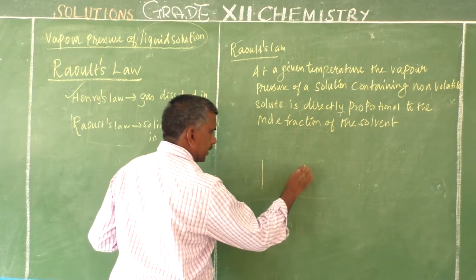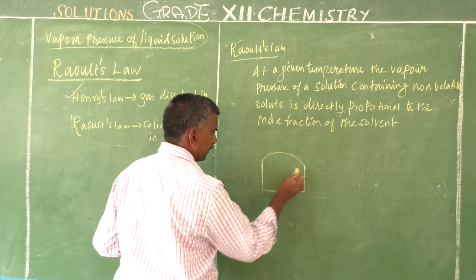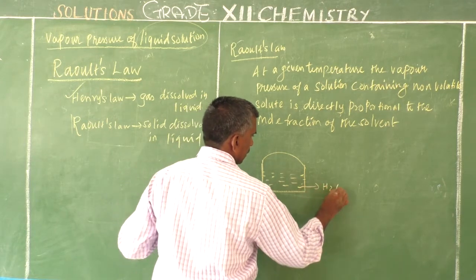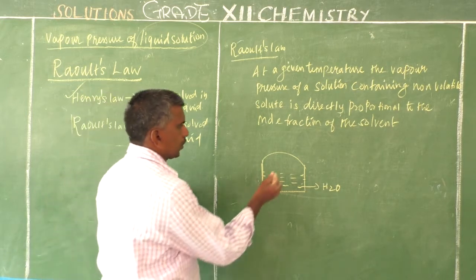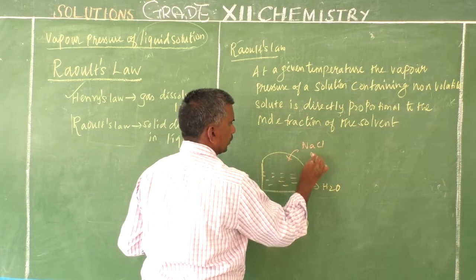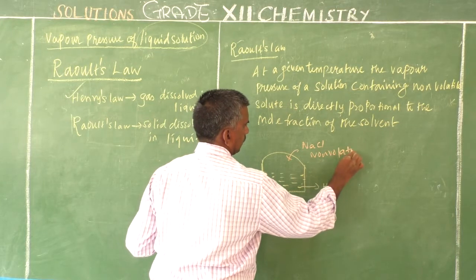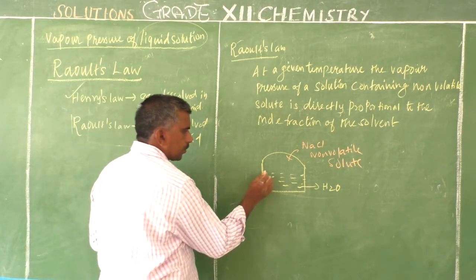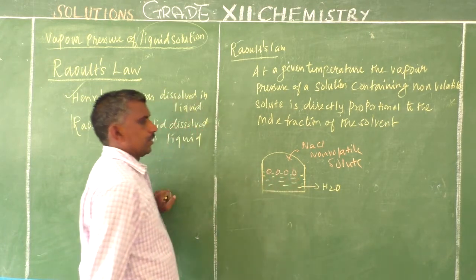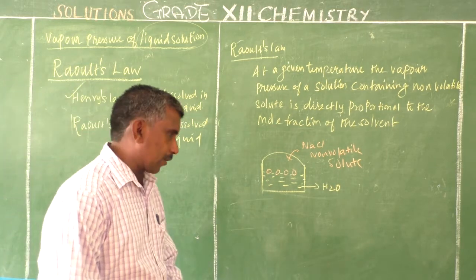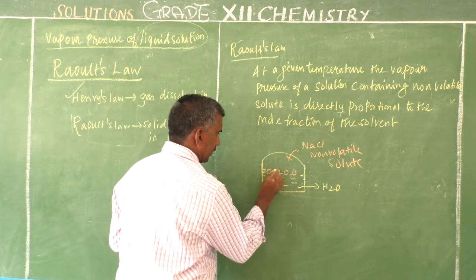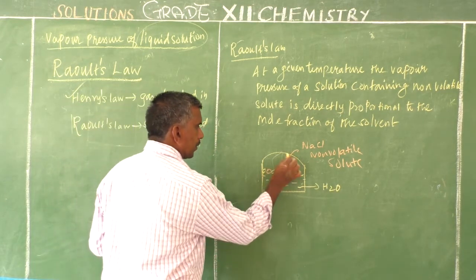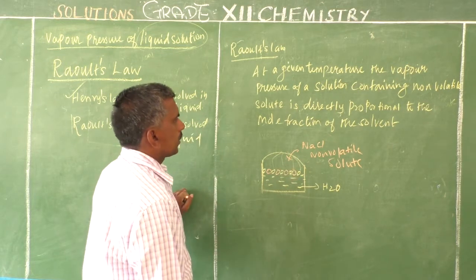Very simple. You take a beaker and fill it with a volatile solvent, water, and add sodium chloride, a non-volatile solute. The number of solvent molecules at the surface is reduced, and only the solvent evaporates.